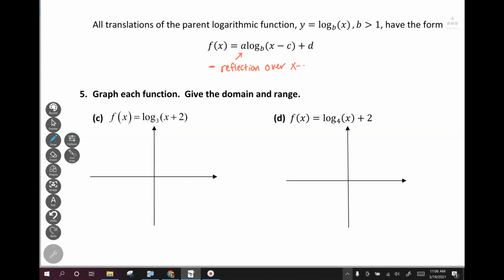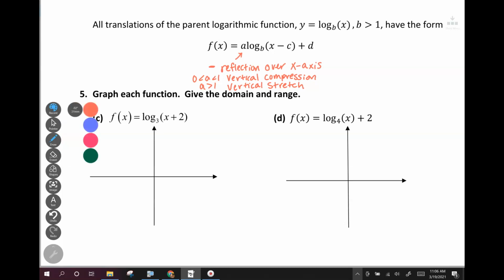If it is between 0 and 1, so a fraction, it's going to be a vertical compression. And then if a is greater than 1, there'll be a vertical stretch.